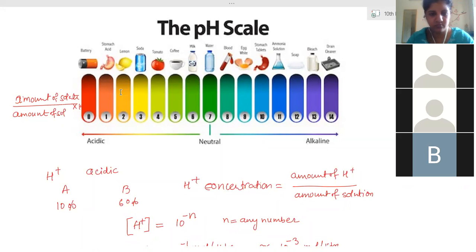Definition of pH. In bracket, you can write power of hydrogen.